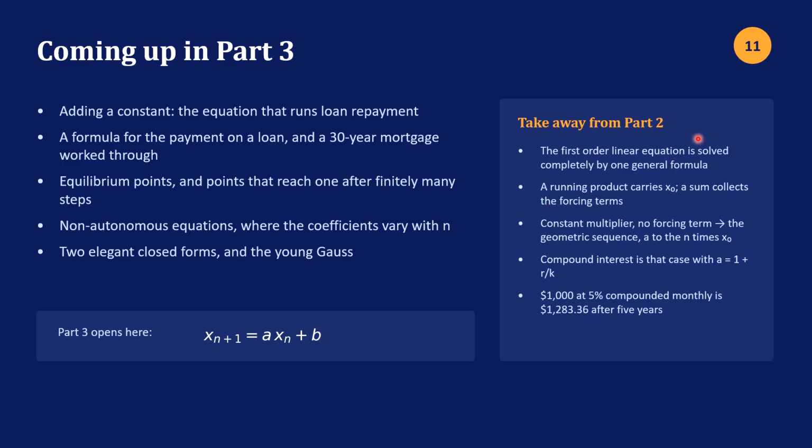This again relates to this general formula. Constant multiplier, no forcing terms, implies a geometric sequence, and then we derived the general formula for that. Then we applied it to compound interest, and then we did a specific example of compound interest.